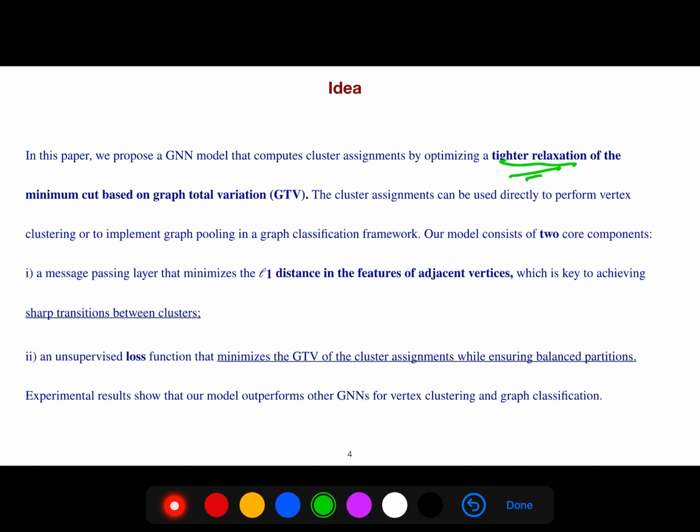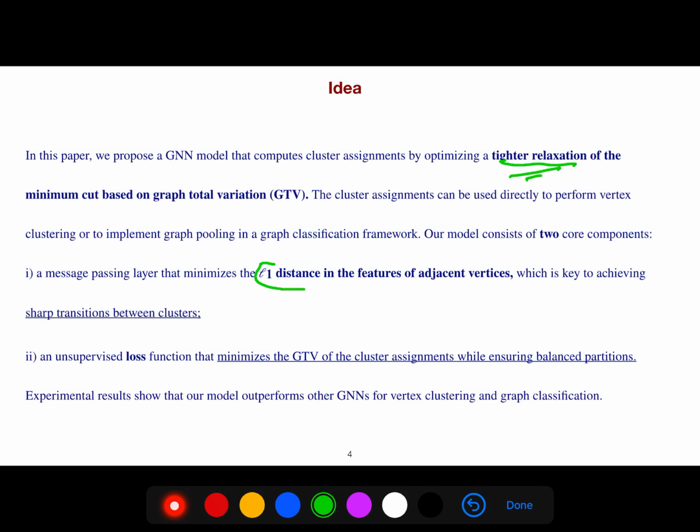The cluster assignments can be used directly to perform vertex clustering or to implement graph pooling in a graph classification framework. Our model consists of two core components: a message passing layer that minimizes the L1 distance in the features of adjacent vertices, which is key to achieving sharp transitions between clusters.